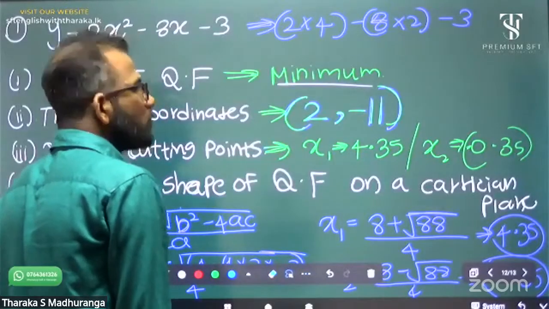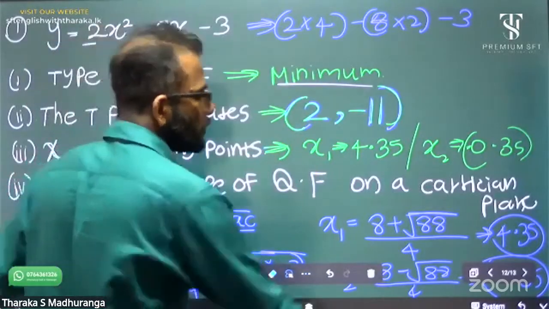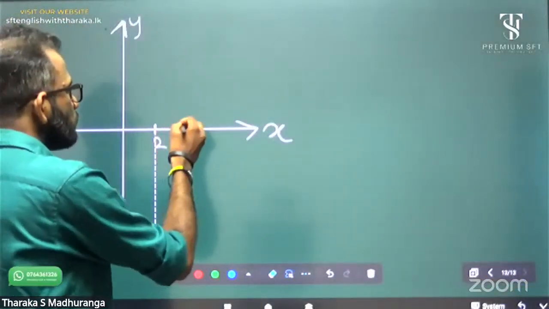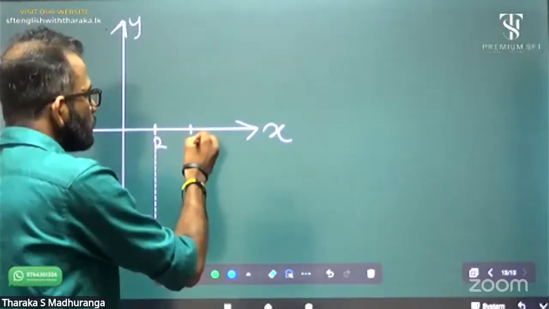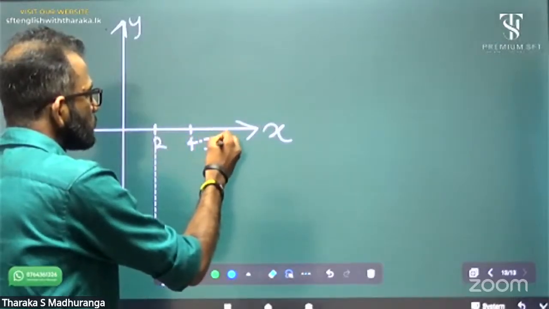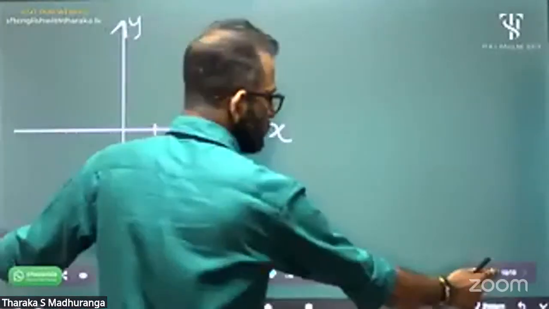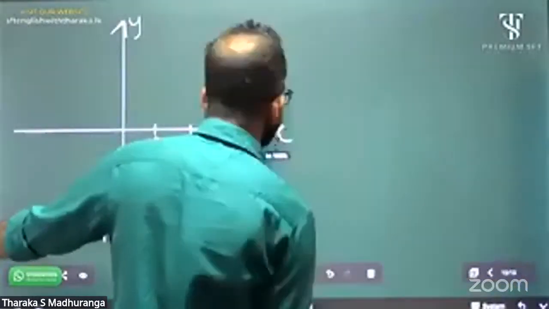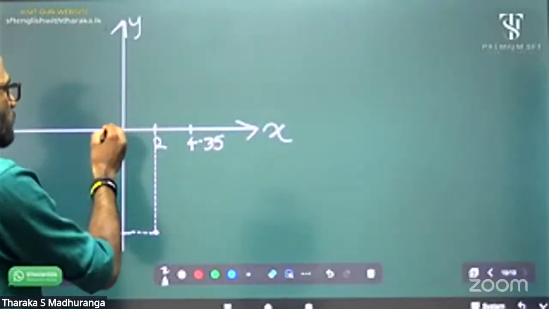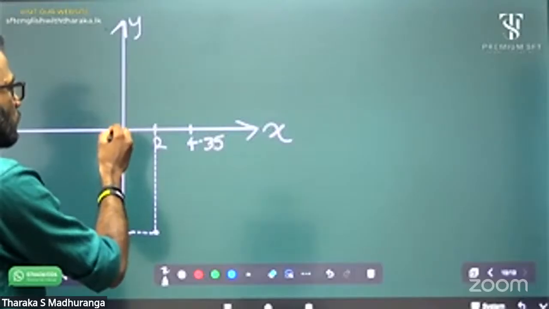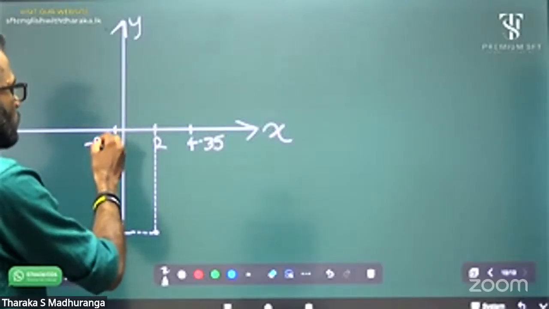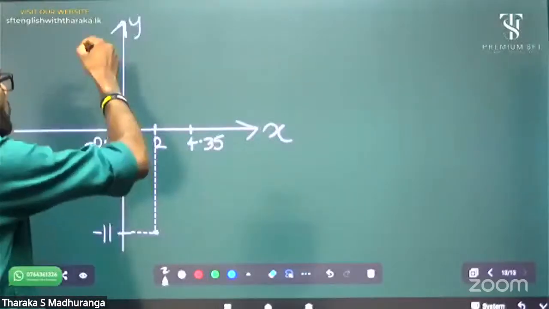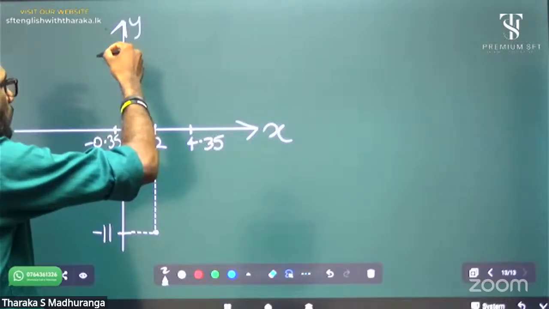Okay, x1 value, the first x-axis cutting point, 4.35. Think this is 4.35. The second x-axis cutting point, minus 0.35. It is very close to 0. Now you can draw a smooth curve.